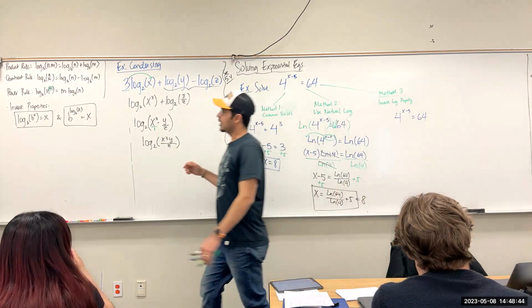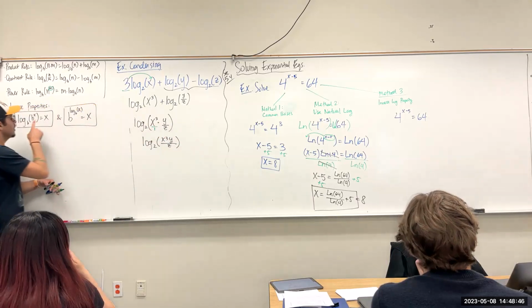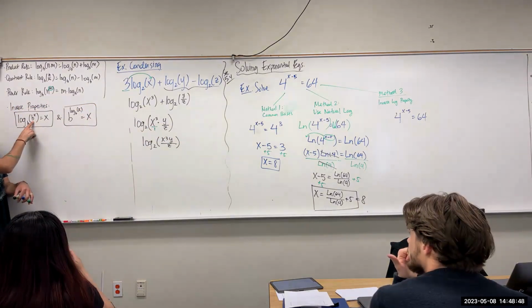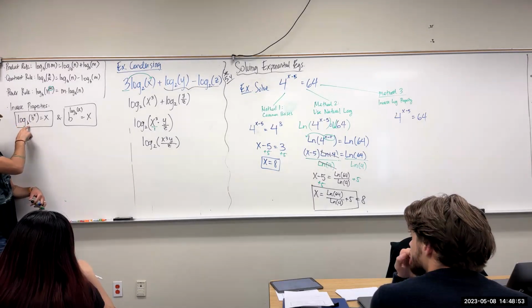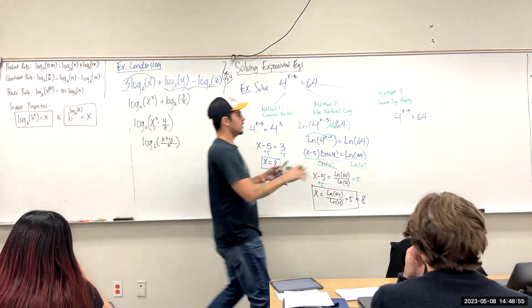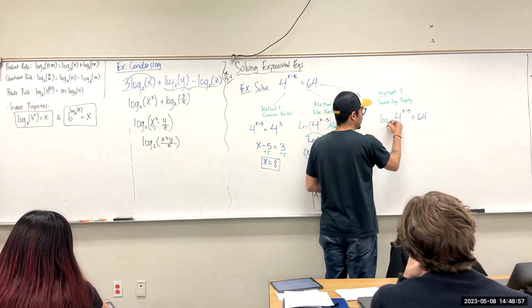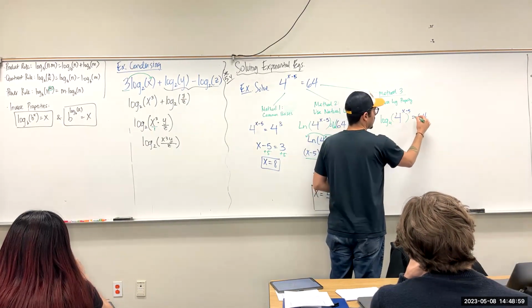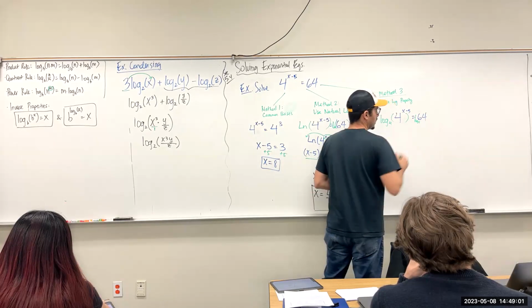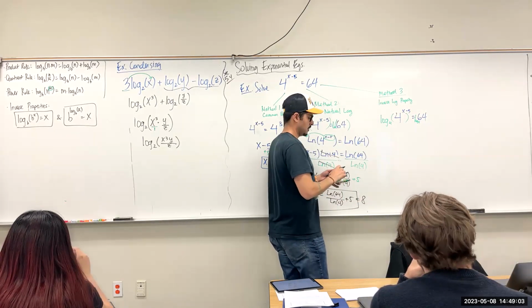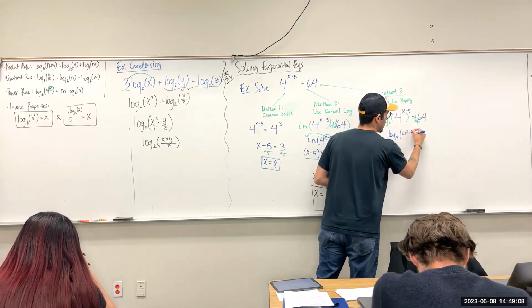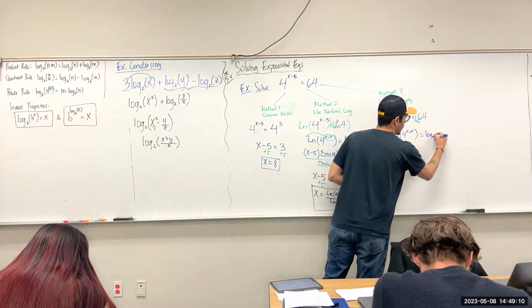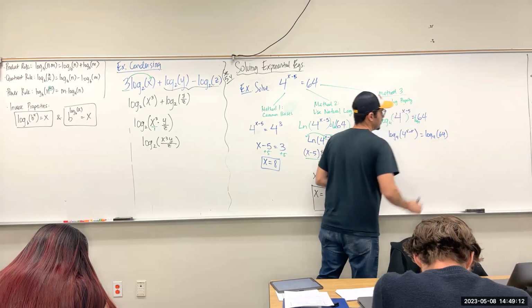Because I have base 4 on the left-hand side, we could have also done log of that same base. So instead of taking the natural log, I could have done log base 4 to both sides. It would have given me log base 4 of 4 to the x minus 5, log base 4 of 64.